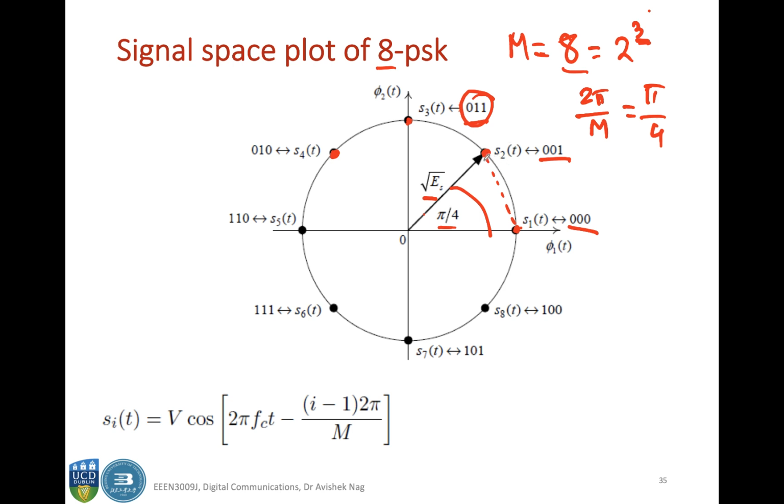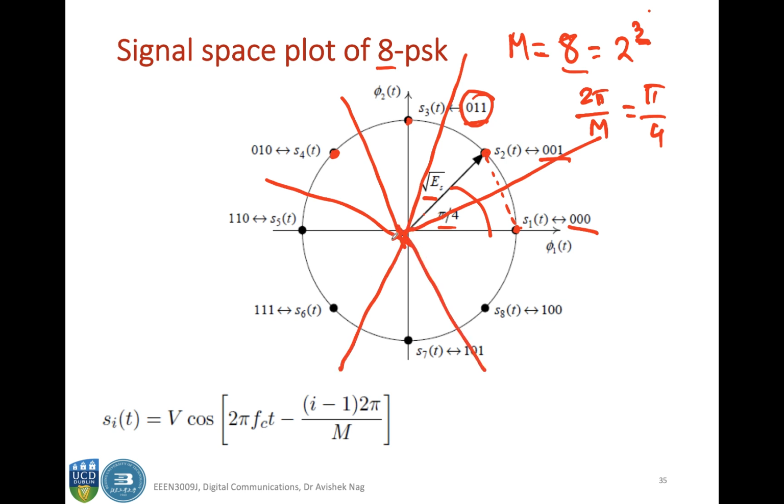The decision boundary that separates S1 and S2 is given by this. The decision boundary between S2 and S3 is given by this. Similarly we can draw the decision boundaries like this, and these extend in the other direction as well. So these are your decision boundaries, and these are the regions for each signal.